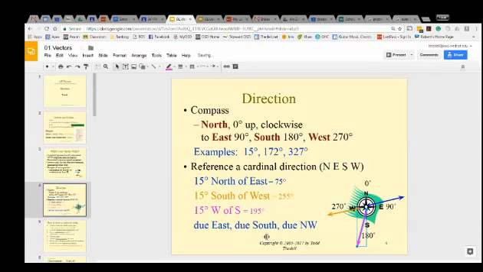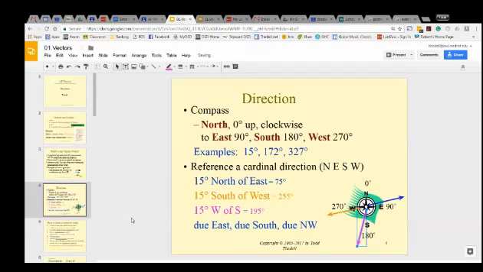Due east and due south are also ways that we might get our directions, as well as due northwest. But remember, if it's due northwest, that's exactly a 45-degree angle between north and west. It has to be exactly, not approximate.